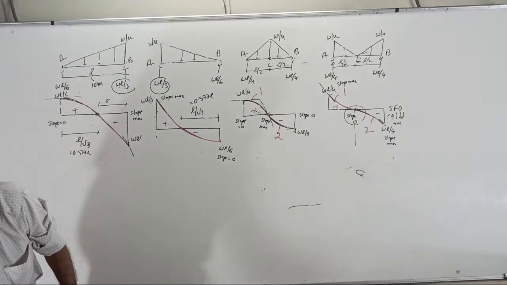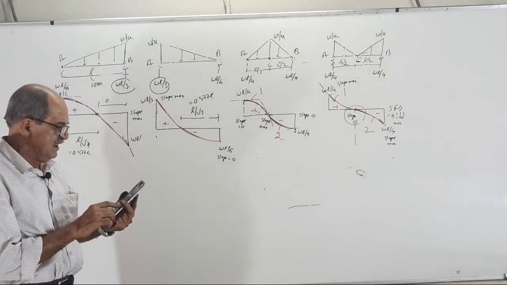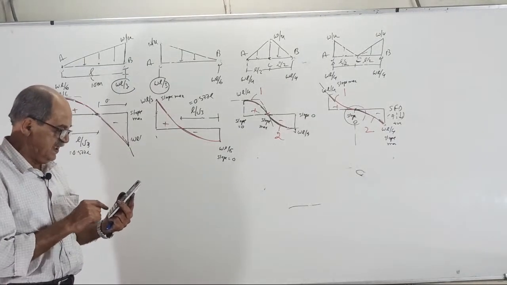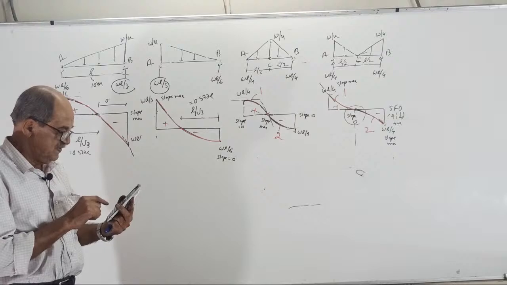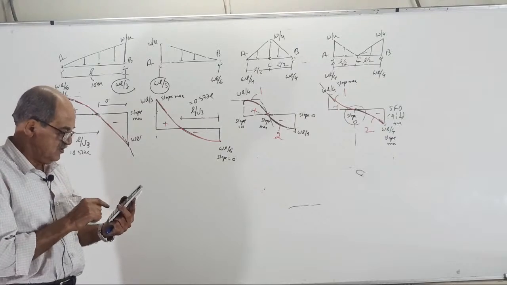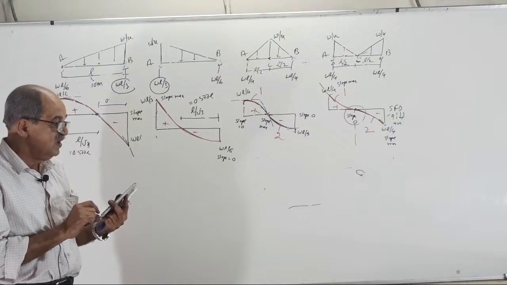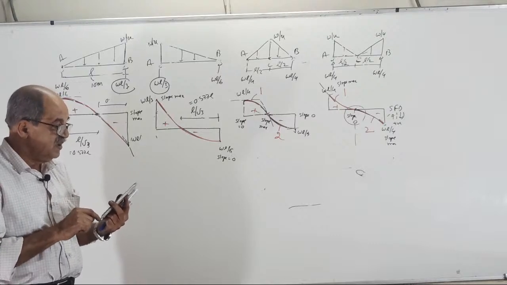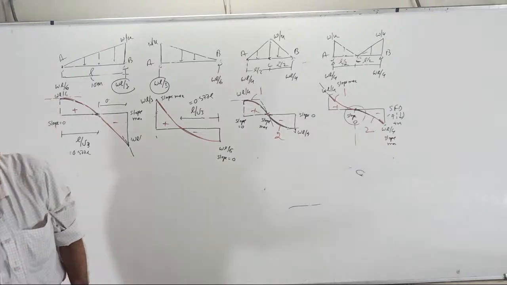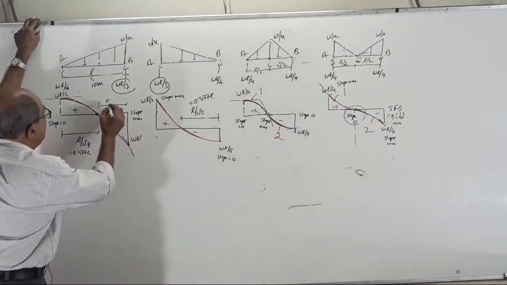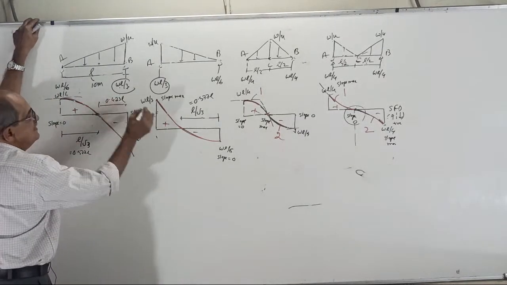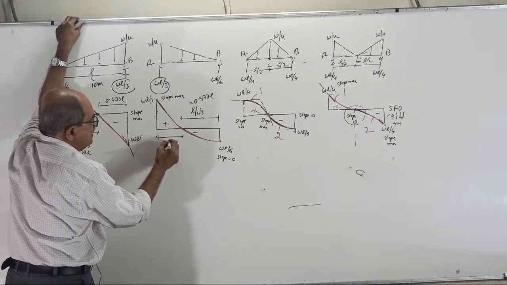Calculator problem, too much depending on calculator. 1 divided by √3. The calculator is not on. 1 minus 0.577 is 0.423. This will be around 0.423 L. This is here, 0.423 L.